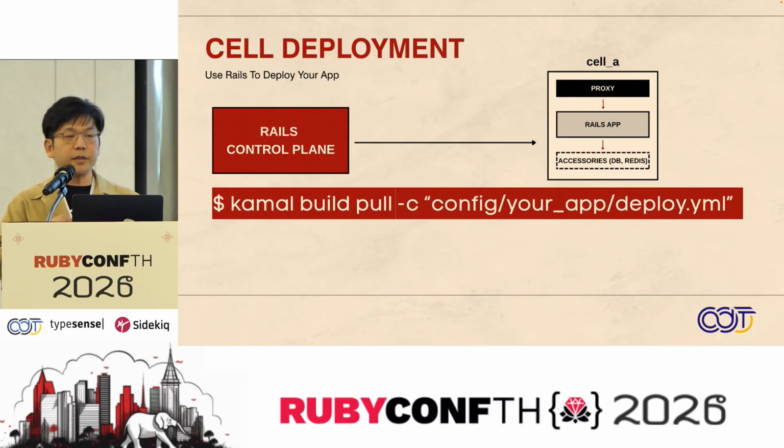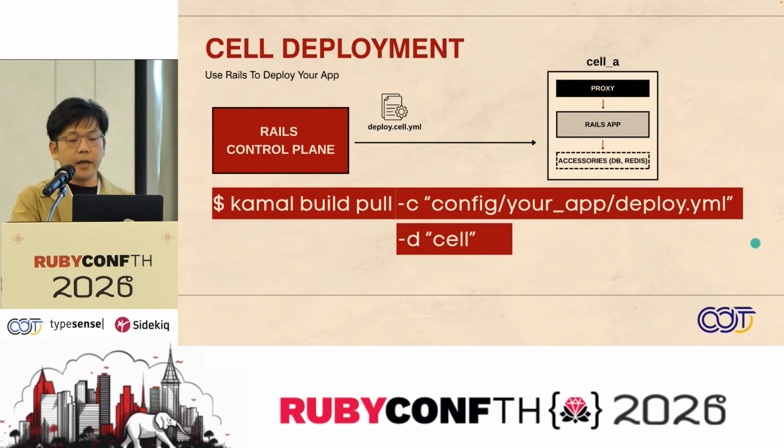So instead of using the command config of your Rails app, we need to tell it where the configuration for our app to deploy is. And then we use the Rails control plane to generate the dynamic configuration for a cell. So we can put the IP address of a specific cell, generate it on the fly, and then tell the command build pull to use that configuration to pull the image into that cell.